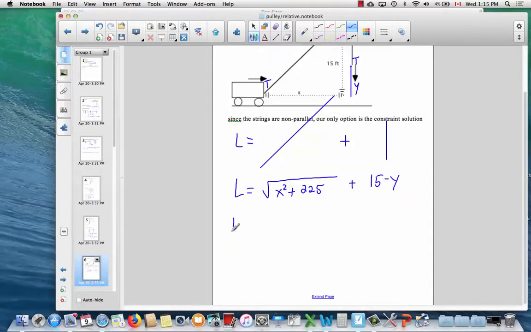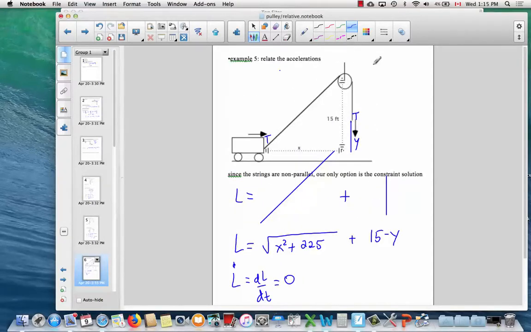Now that is a constant, so if we take its time derivative, l dot, I'll remind you that's what dot notation means, that will be 0. Now, the derivative of a square root function, well, let's just use a little space that we have up here. If you've got root u and you're doing its derivative, so this is u to the 1/2, that's half u to the minus half.